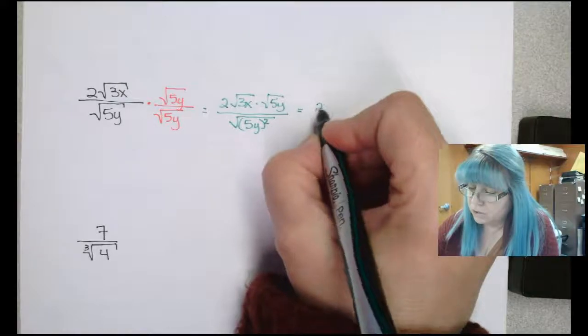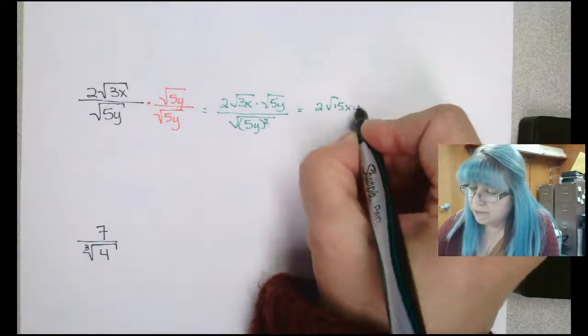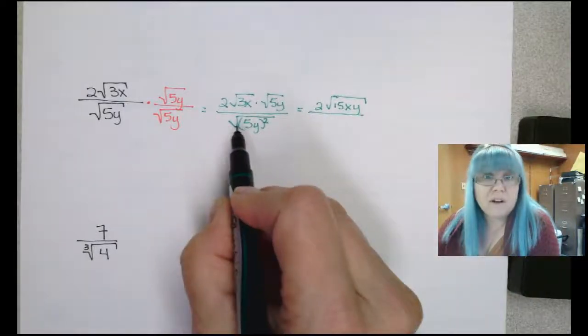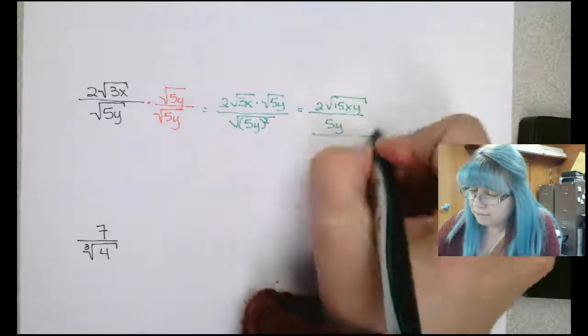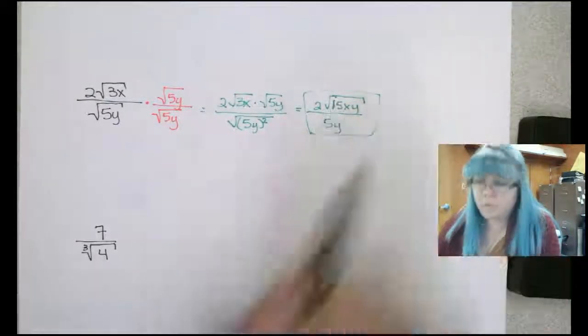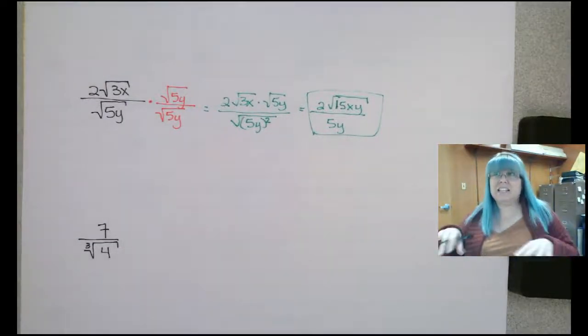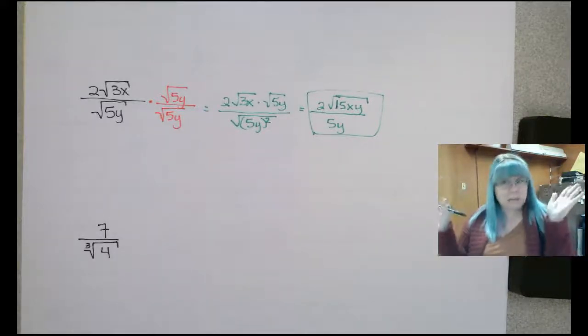That will give me 3 times 5 is 15, x times y is xy, and the square root of 5y squared is 5y. It's a weird looking one there. Okay. Each of those examples, all I had to do is multiply it by what was already in the denominator, and then it just pops out.